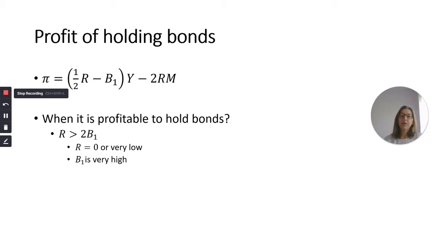So in case interest on bonds is very low or equal to 0, we would see people holding cash instead of buying short-term financial assets, because it's not so profitable. It does not compensate all the work you need to do, and so we will see that in general the transactions demand for money is higher.